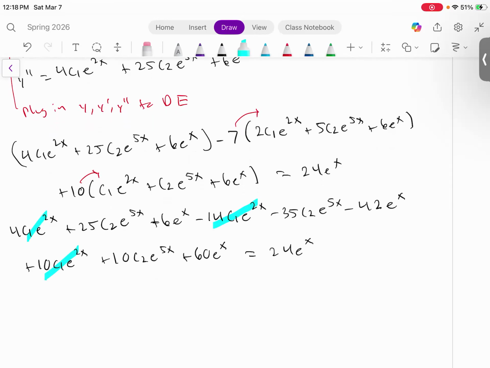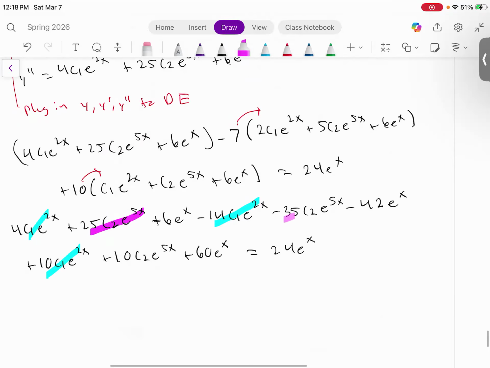And then the c2 e to the 5x terms cancel out too: 25, negative 35, and a positive 10. And so I have a 60 e to the x, a negative 42 e to the x, and a positive 6 e to the x. Well, that reduces down to 24 e to the x. So 24 e to the x equals 24 e to the x. So it is a solution.